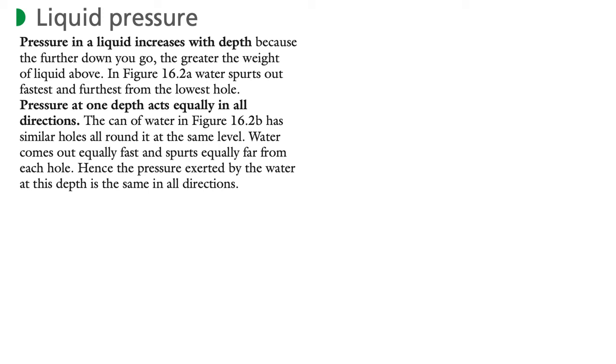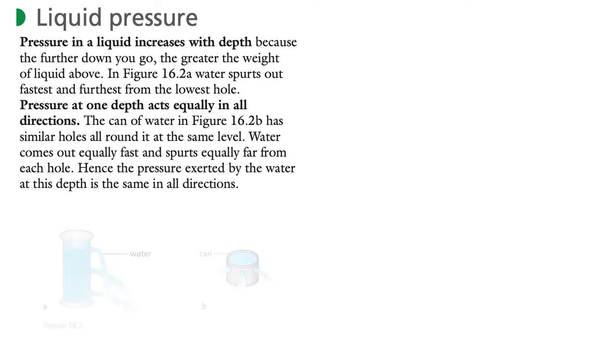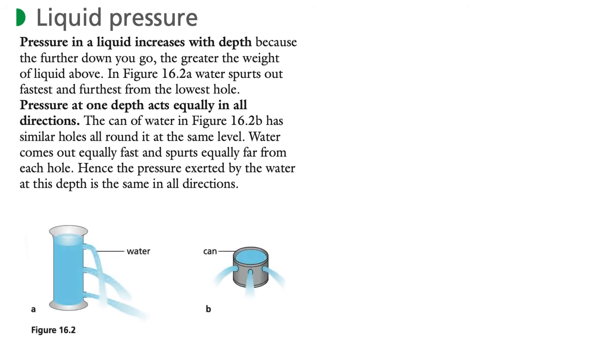Right. So we're going to look at figure 16.2a, where water spurts out fastest and furthest from the lowest hole. It's also important to know that pressure at one depth is acting equally in all directions. Right? So let's look at those examples here. Okay. So figure 16.2a, we see a column of water and we have three holes.